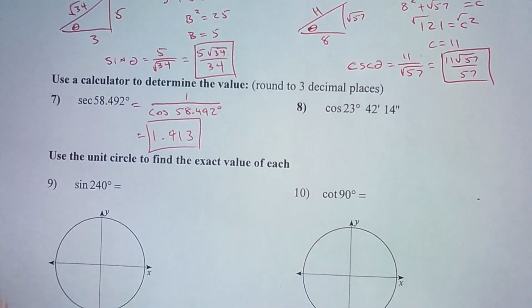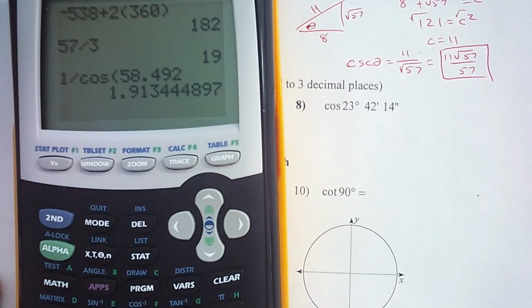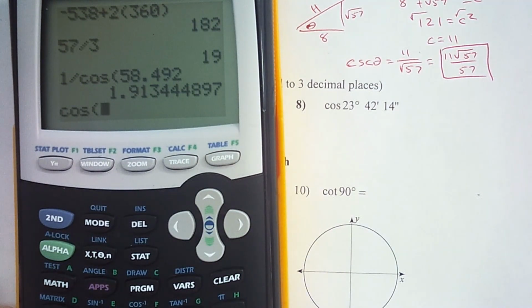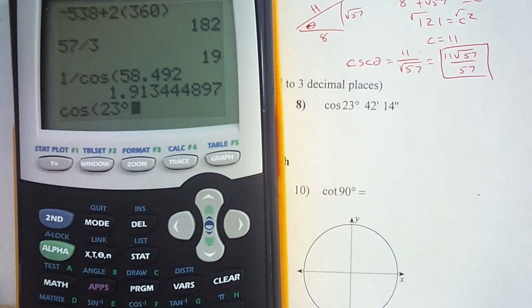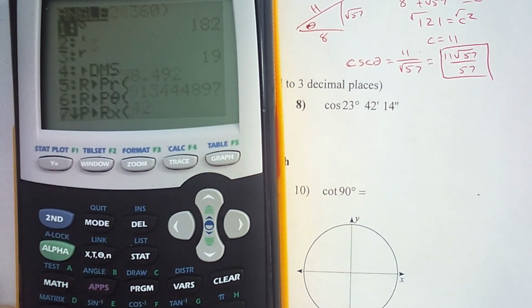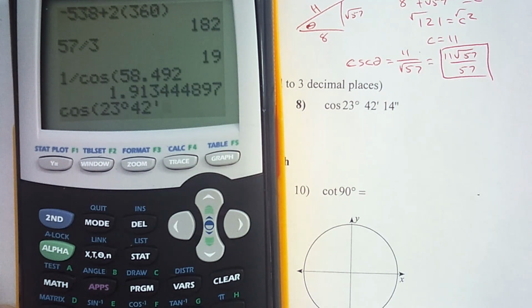Okay, now cosine with degrees, minutes, and seconds. I do have a cosine button, so I can use that. Cosine 23, and then for degrees, I go to second and angle, option 1. Okay, then 42 minutes, so back to angle, option 2.